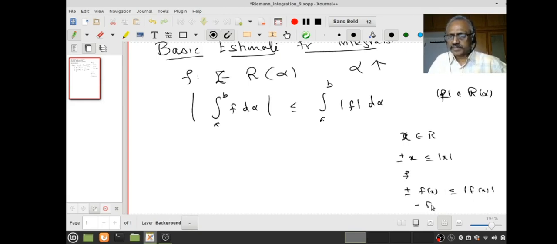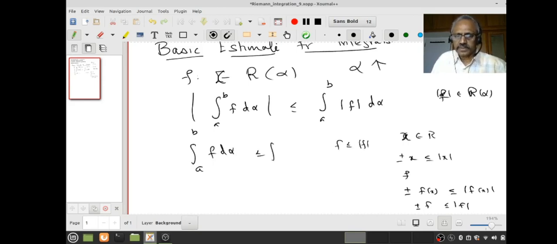Therefore, minus f as a function will be less than or equal to mod f, and plus f will be less than or equal to mod f. You understand? That's all I want to use. Therefore, since f is less than or equal to mod f, I know the integral from a to b of f d alpha is less than or equal to the integral from a to b of mod f d alpha.